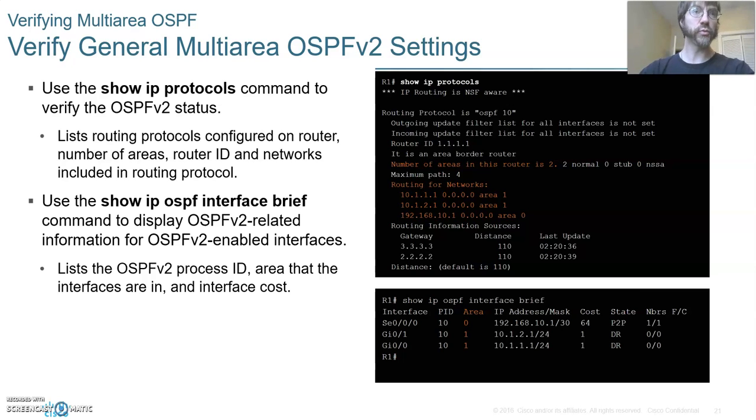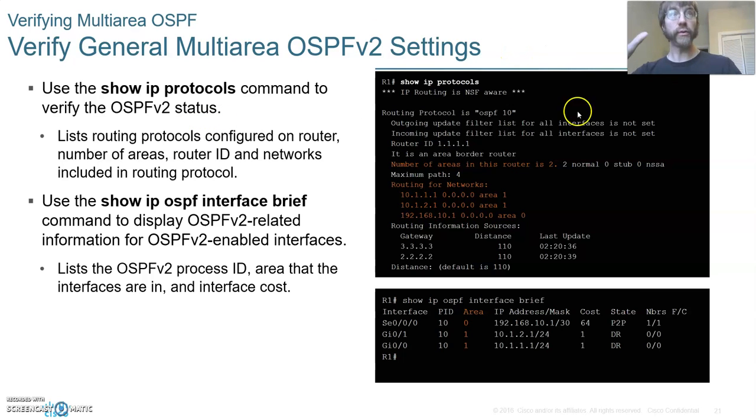Now, these two interfaces, which are DRs, they've elected themselves as the designated router on that Ethernet network. They have no peers, so they have no neighbors. They're DRs, but they're not doing any good. The real relationship, the one that really matters, is this P2P state between serial 0/0/0 and the neighbor.